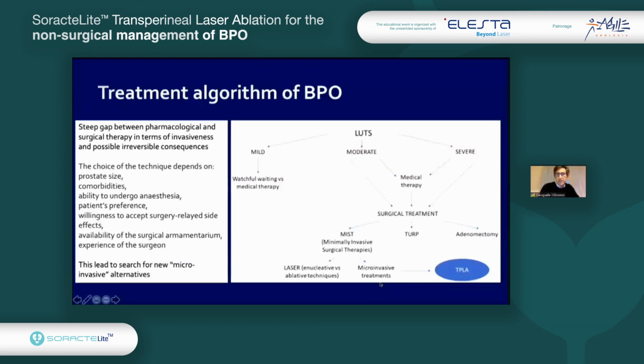And we know also the choice of the technique depends on several parameters such as prostate size, comorbidities, ability to undergo anesthesia, patient preference, willingness to accept also the side effects of surgery, also the availability of such armamentarium, and also the experience of the surgeon. So for this reason, there was a continuous search for new so-called minimally invasive alternatives.